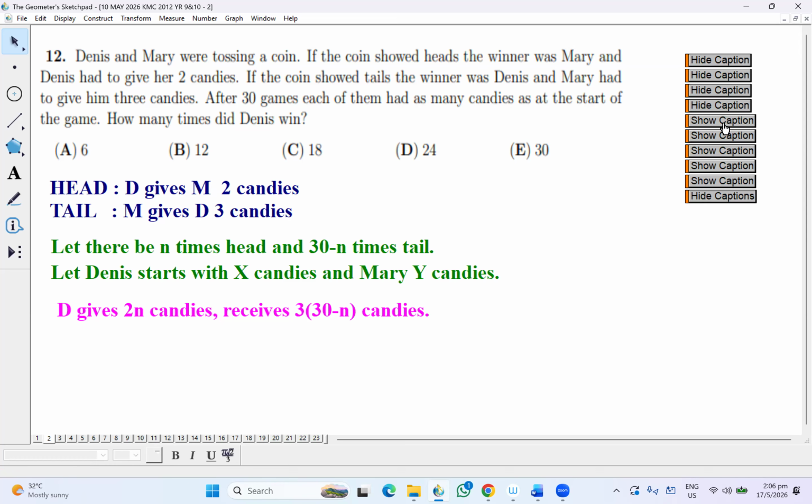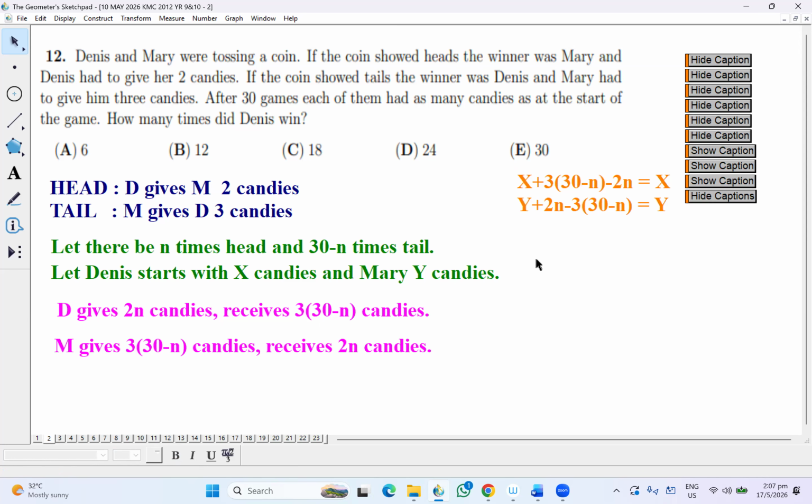And then Mary, the other way around, gives 3 times 30 minus n and receives 2n. So Dennis starts with X, gives away 2n and receives 3 times 30 minus n, and gets the same amount as at the start.